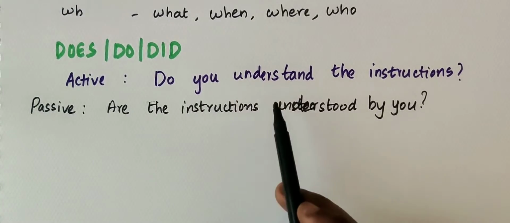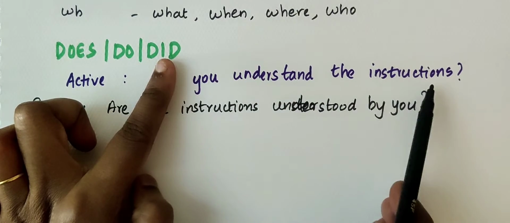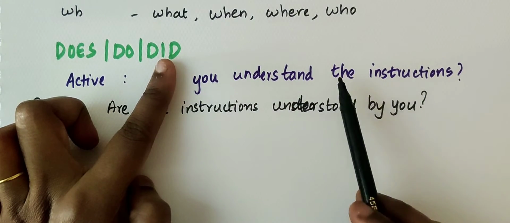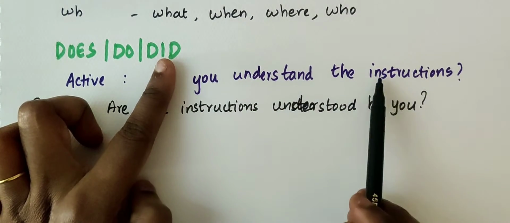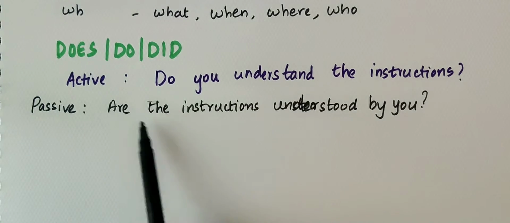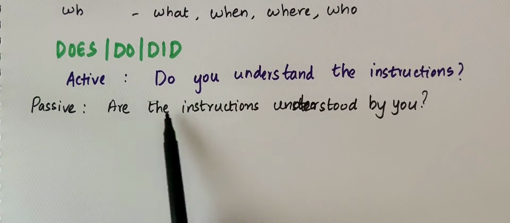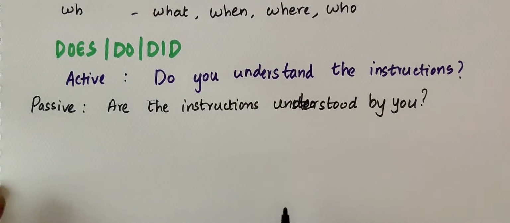The first step is ignore this do and take the rest of the sentence. You understand the instructions. Now convert it into passive. What will it be? The instructions are understood by you. Now just swap the are and the instructions. So this will be the answer: are the instructions understood by you?